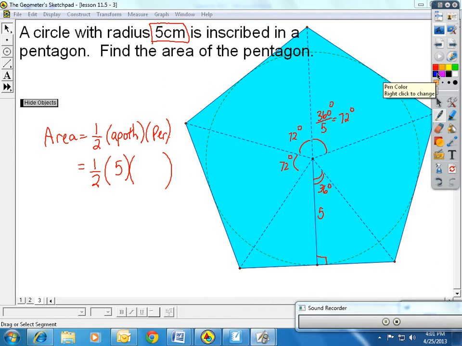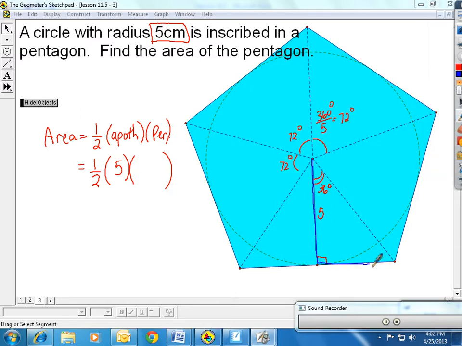Okay, so let's think about our right triangle trigonometry. If this is a right triangle, we should be able to find the opposite side. This is the side that I need to find out. So let's go to SOHCAHTOA. Which of these do I want to use?